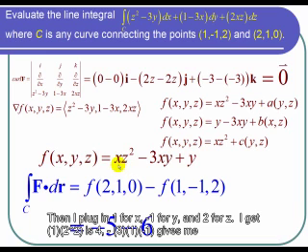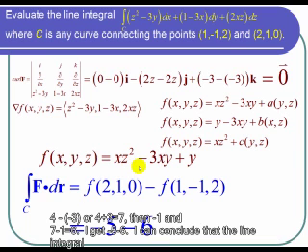So I get 1 times 2 squared is 4, minus 3 times 1 times negative 1 gives me 4 minus negative 3, or 4 plus 3 is 7. And then minus 1, 7 minus 1 is 6. So I get negative 5 minus 6.